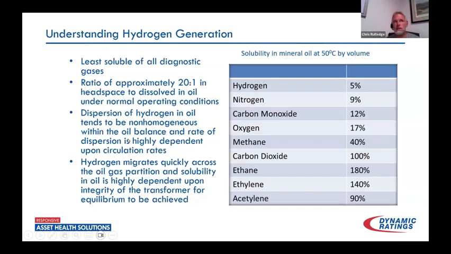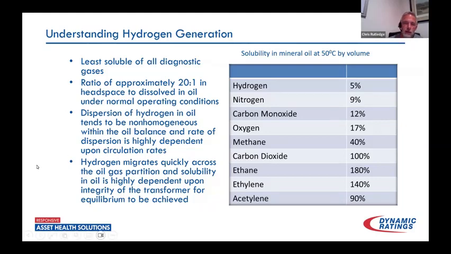So one of the things I've been pushing to a lot of my customers, and it's really kind of a different way of thinking, or an exit to how we generally consider doing monitoring, is looking at hydrogen in gas phase. So I've done some testing on this, and several other companies have as well.